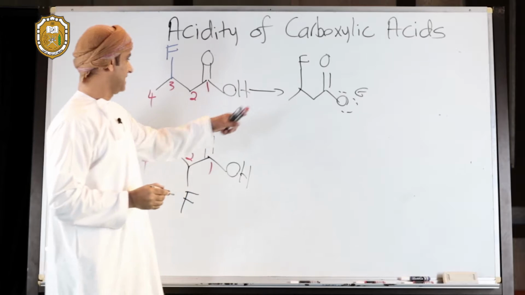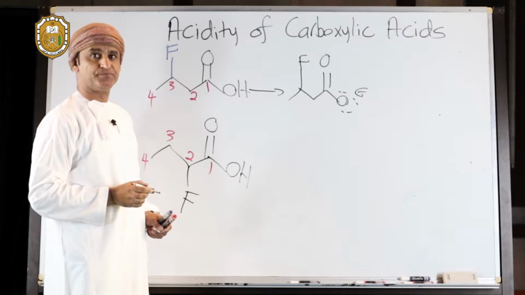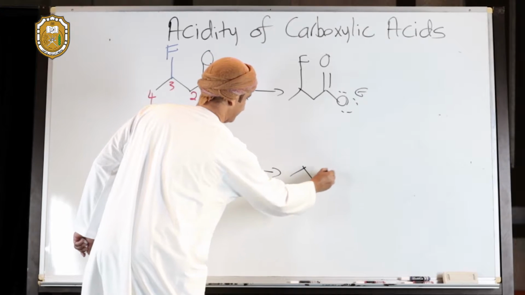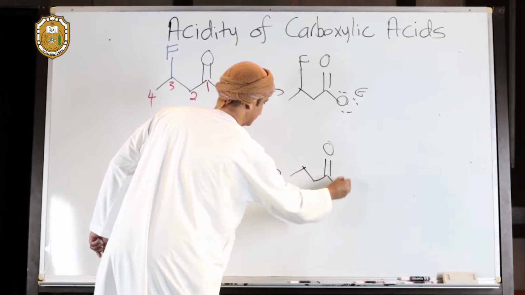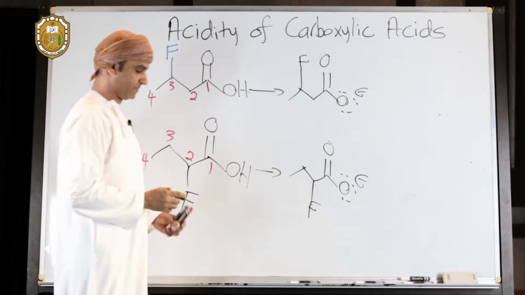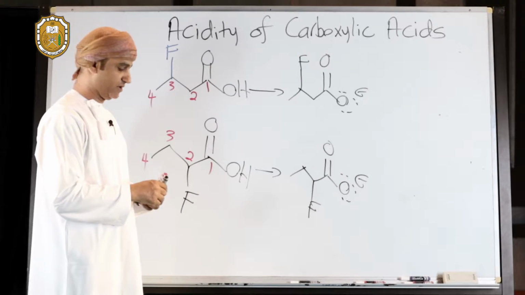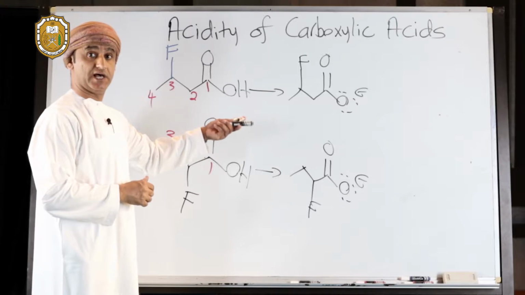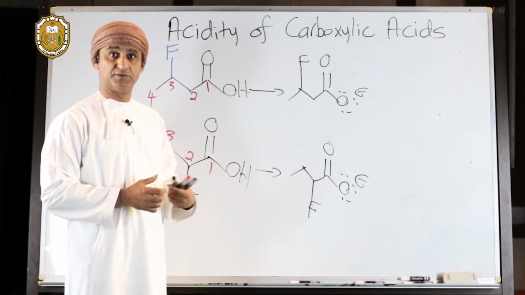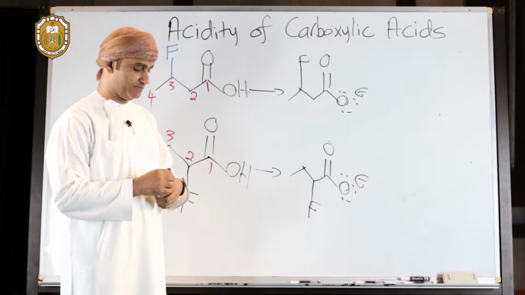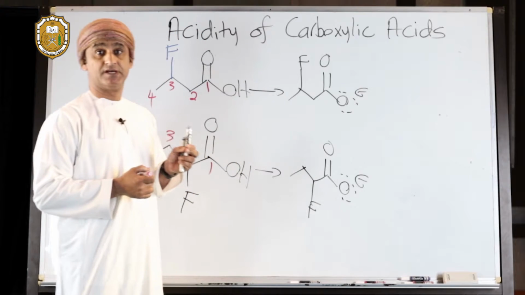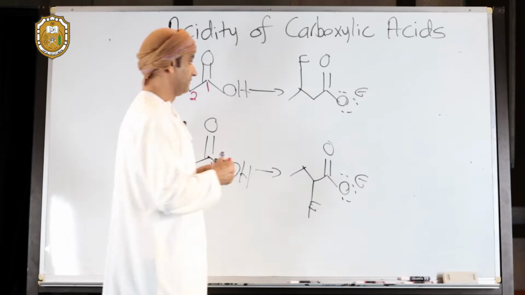So this carboxylate for the 3-fluorobutanoic acid, and this carboxylate for 2-fluorobutanoic acid. We can delocalize charges or electrons in exactly the same manner that we did generally before on carboxylates in order to explain acidity of carboxylic acid.